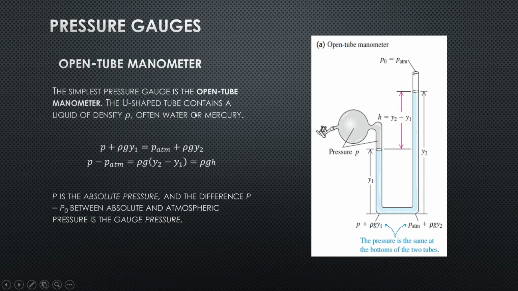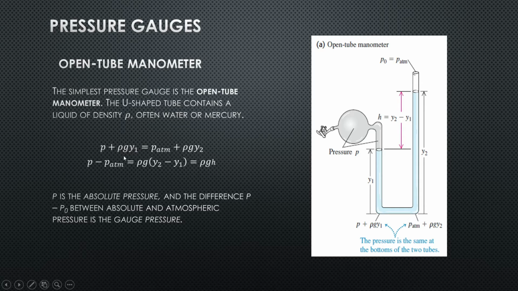The U-shaped tube contains a liquid of density ρ, often water or mercury, as shown in the figure. The equation is given as the absolute pressure plus the gauge pressure at height 1 will be equal to the atmospheric pressure plus the gauge pressure at y2.